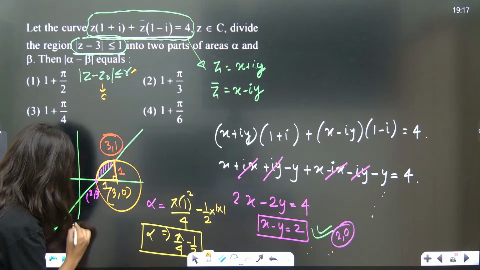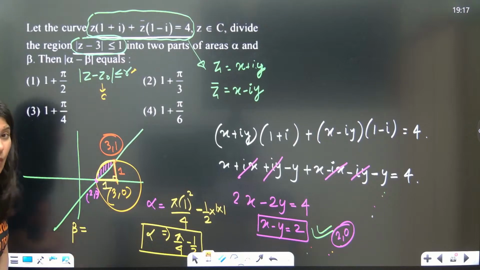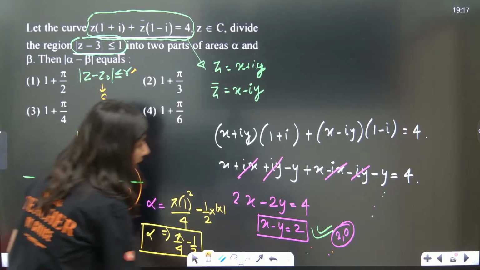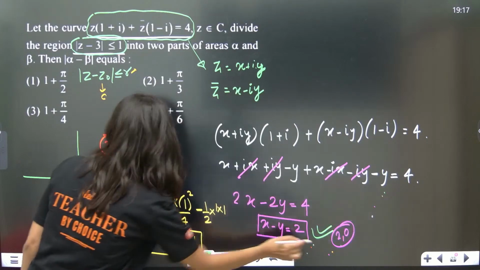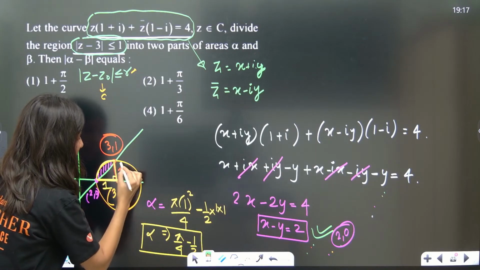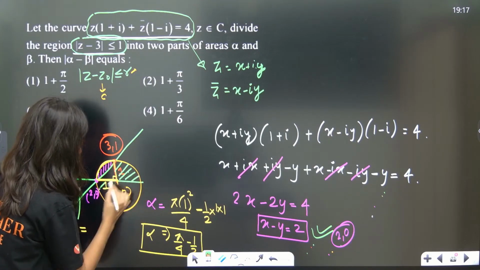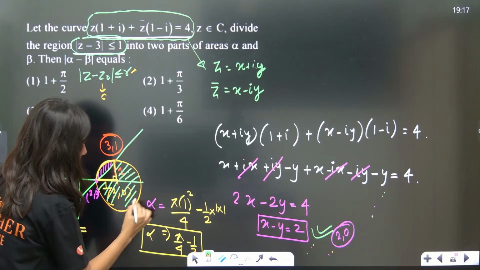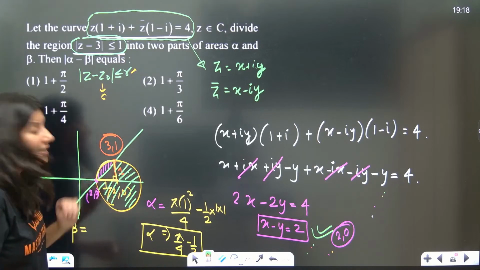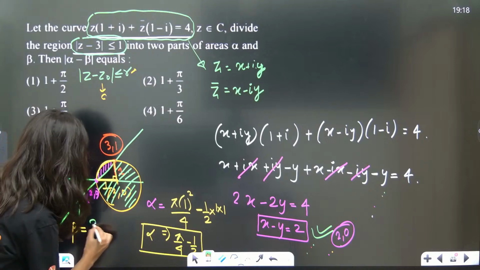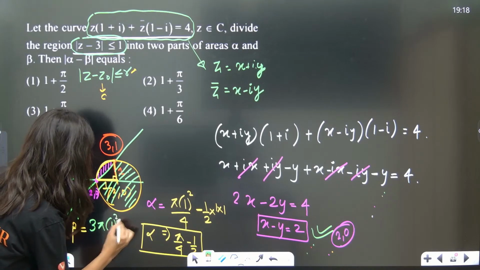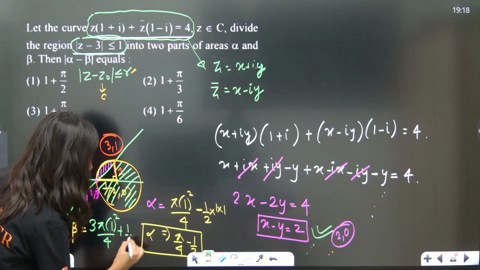What about beta? Beta will be, see, understand, this is one quadrant, one more quadrant, one more quadrant. So 3 quadrants plus the area of the triangle. So 3 times the area of a quadrant plus the area of the triangle, which is half only.